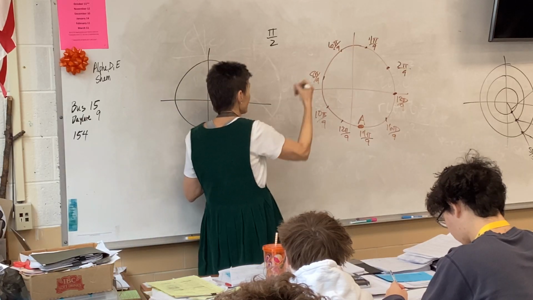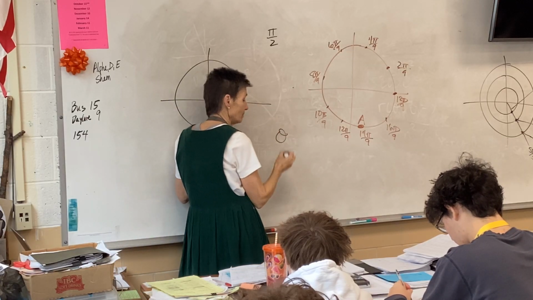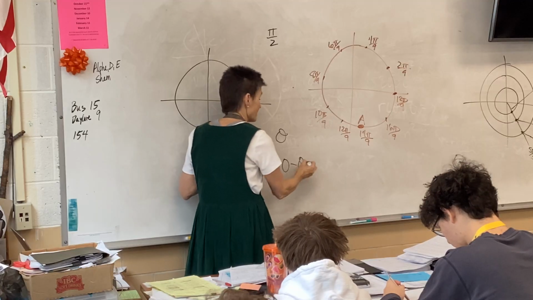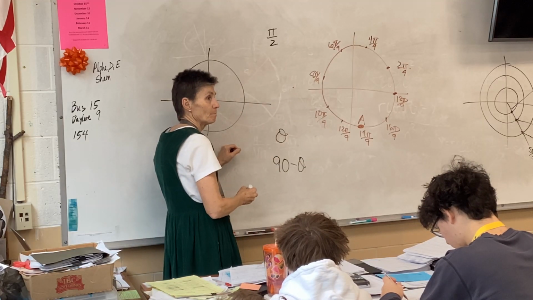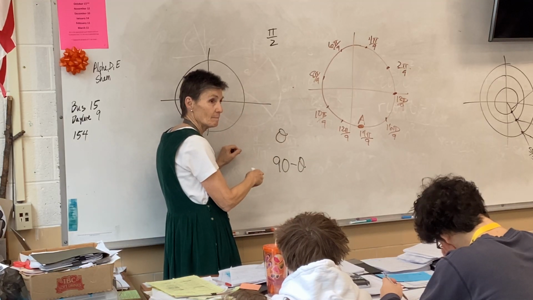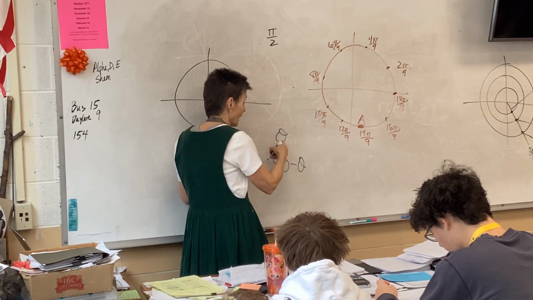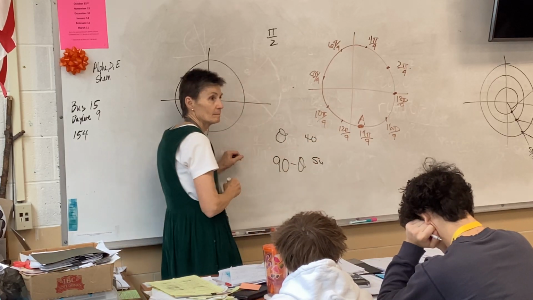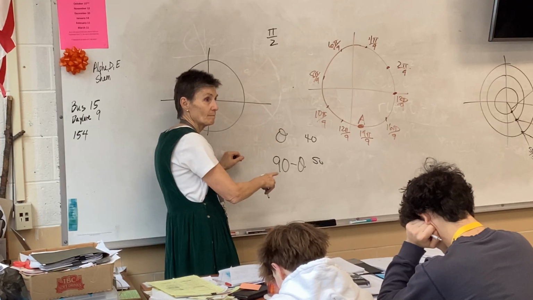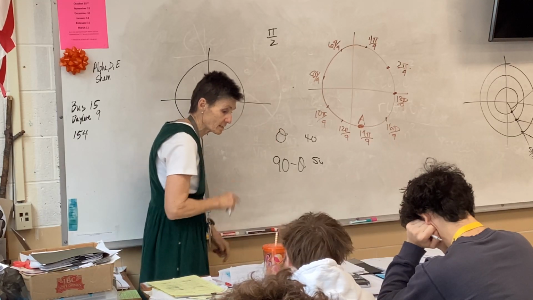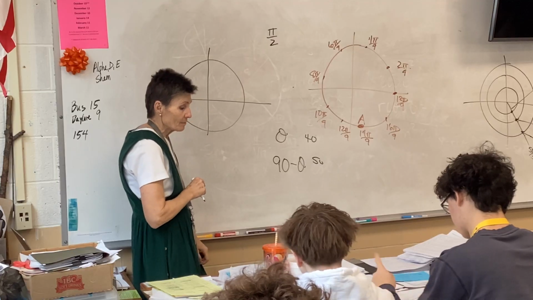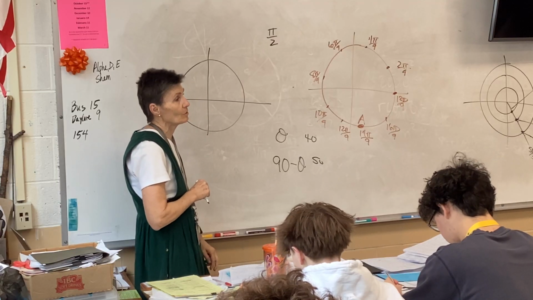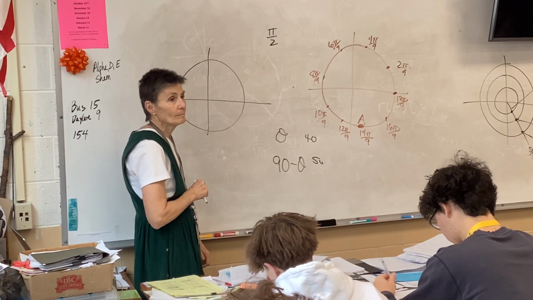So the angles I'm looking at are theta and 90 minus theta. Pi over 2 minus theta. Doesn't that mean, like, if this is 40, then isn't this going to be 50? They're complements. So is it true or false that in quadrant 1, the sine is equal to the cosine of its complement?